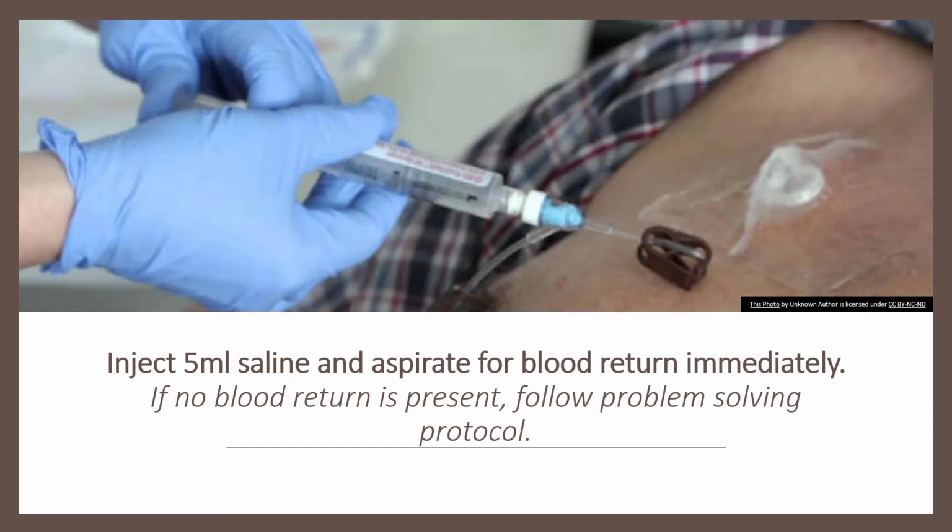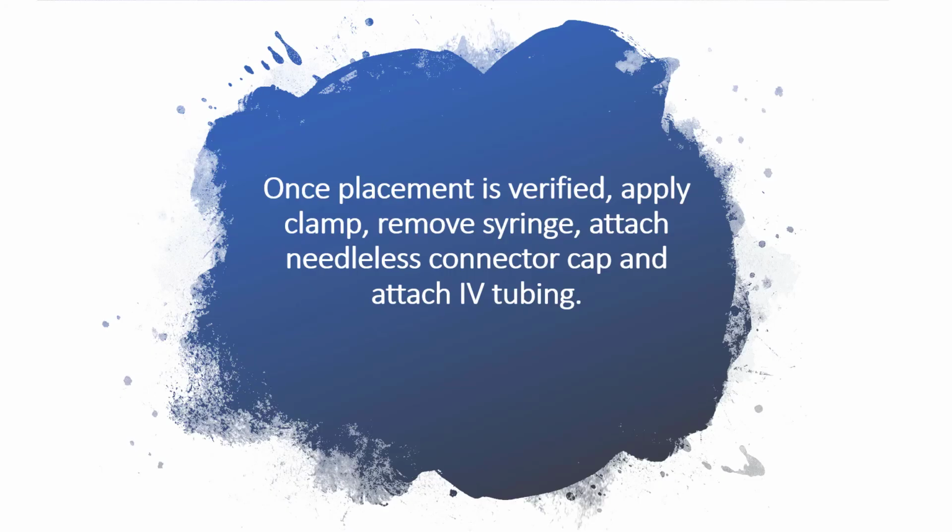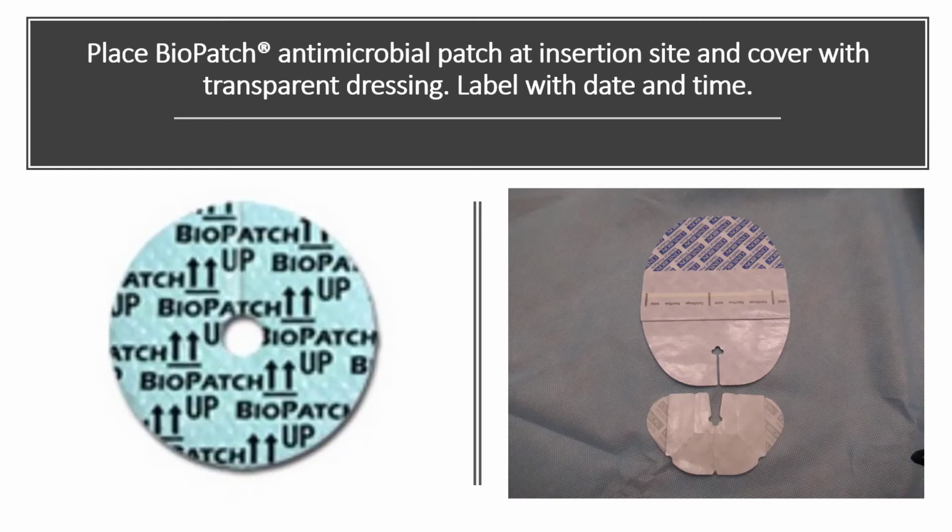We want to inject 5 milliliters of saline and then aspirate for blood return immediately. If no blood return is present, follow problem-solving protocol, which is in the policy. Once placement is verified, apply clamps, remove syringe, attach needleless connector to cap, and attach IV tubing.